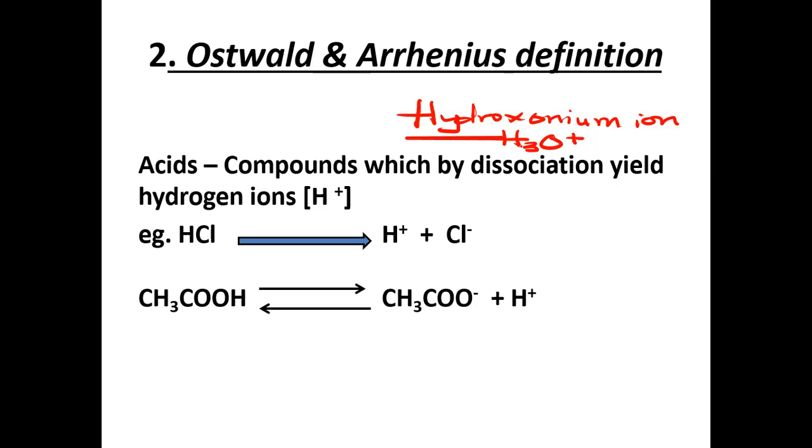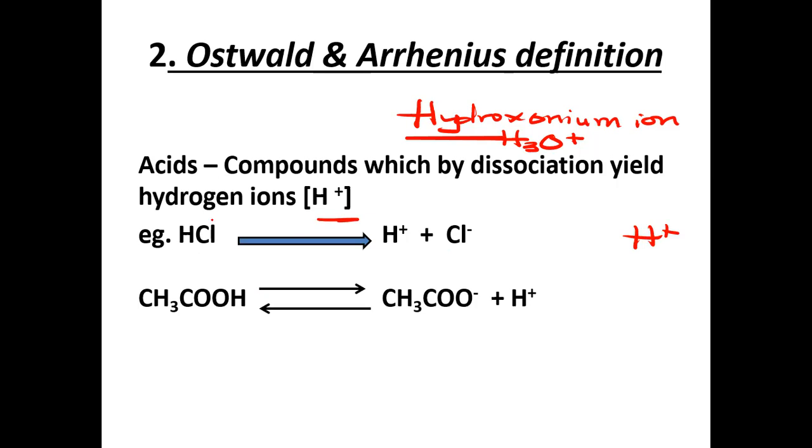So whenever you see hydronium ion, it's H3O+, and it is used interchangeably with H+, as you can see here. So any compound that is able to break down in solution to give you H+ or hydronium ions qualifies to be an acid.